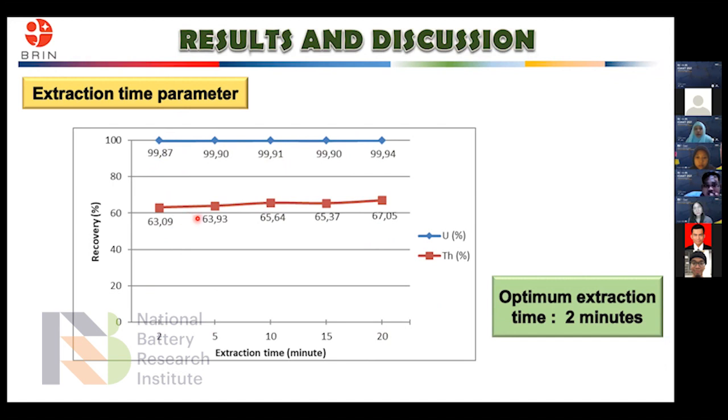Similarly, the recovery of thorium was in the range of 63.29 to 67% at a time variation of 2 to 20 minutes. From this data, the optimum extraction time was chosen at 2 minutes, with uranium and thorium recovery of 99.87% and 63.09% respectively.